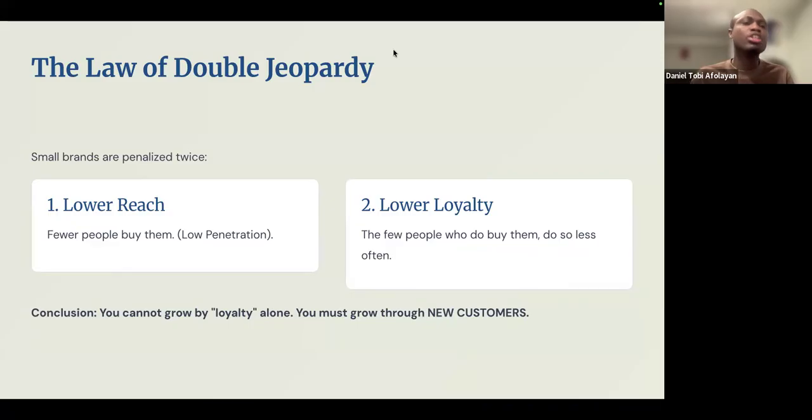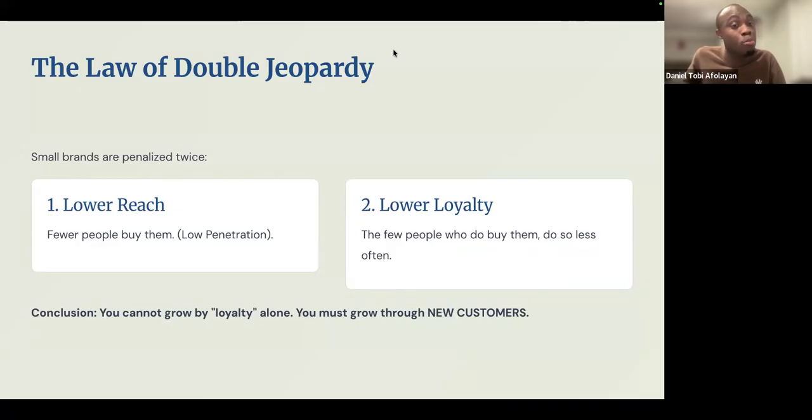You can't penetrate the market a lot. You are new, you don't have money, so you have to first understand that few people will buy from you at the beginning. Number two, you have lower loyalty.